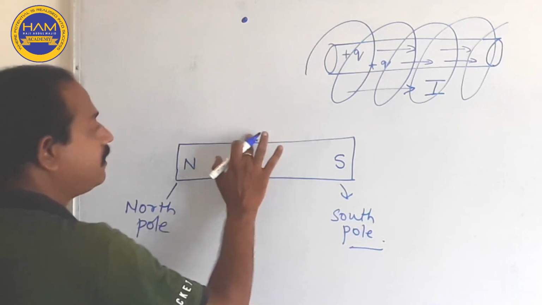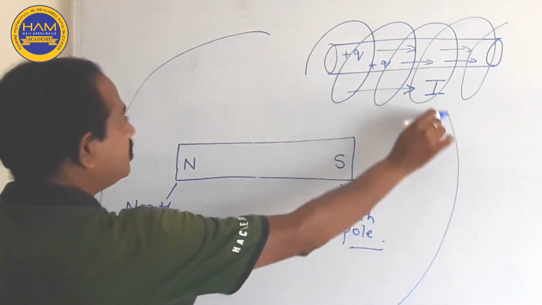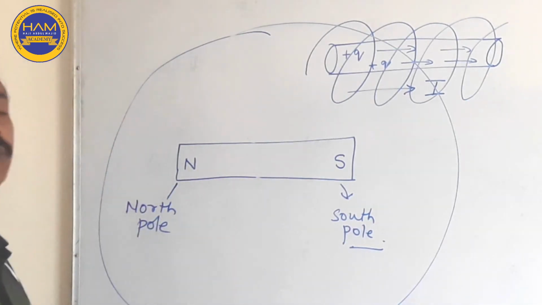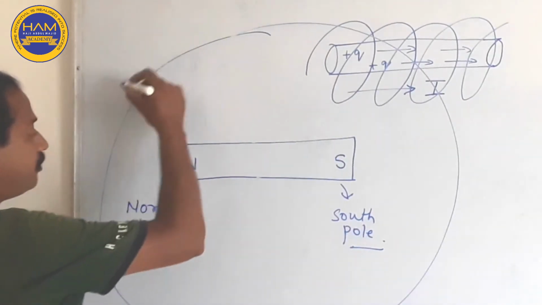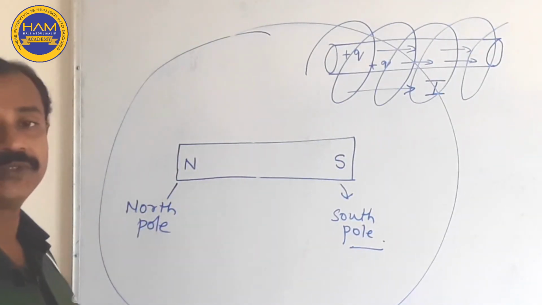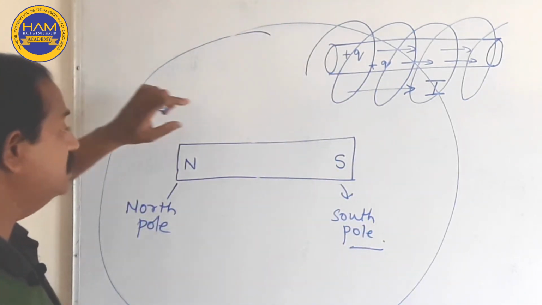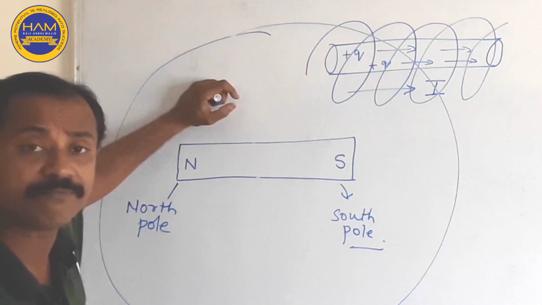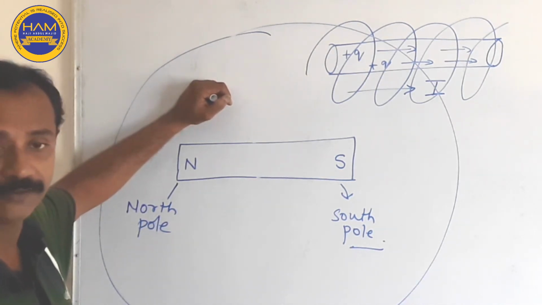So, we can say that this is a magnet and this much area is being influenced by the magnet. That means whatever object comes within this periphery will be attracted towards the magnet. So, the area where the presence of the magnet is felt is known as the magnetic field.